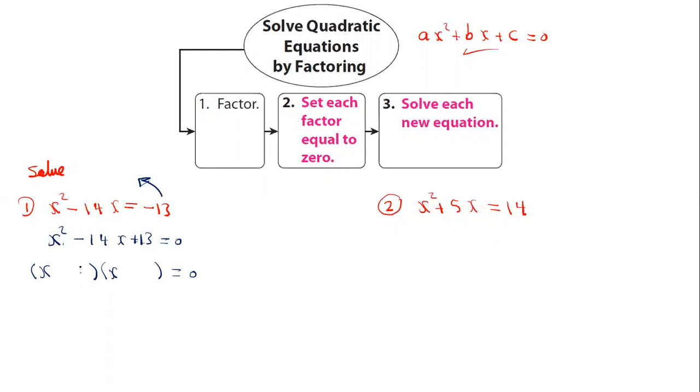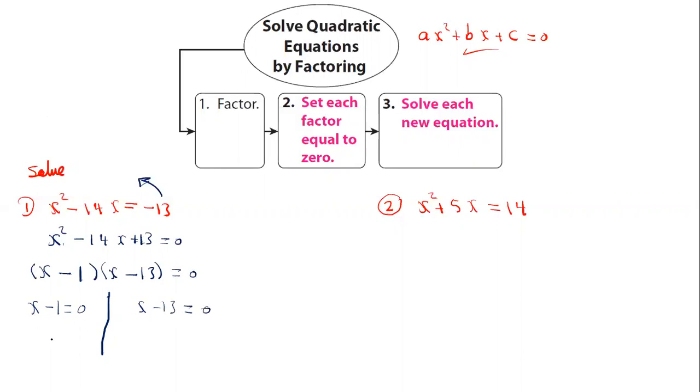What are these two numbers? 1 times 13 is 13 and their sum is 14. Now for the signs inside the brackets. Because the last sign is positive, the signs will be the same, according to the sign of the midterm. The sign of the midterm is negative, so it will be negative, negative. Okay? Now I will use the zero product property: first factor equal to 0, second factor equal to 0.